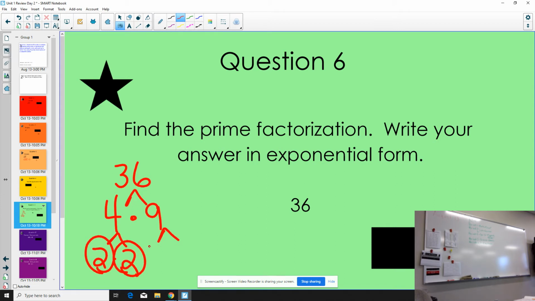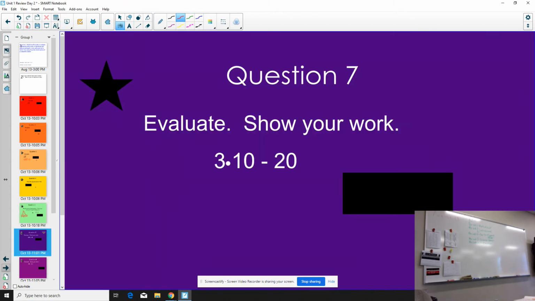My 9 is not prime because I can take 3 times 3. So now 3's are prime. I finished my prime factorization for 36. My answer should be 2 to the second times 3 to the second, because I have 2 2's and I have 2 3's.